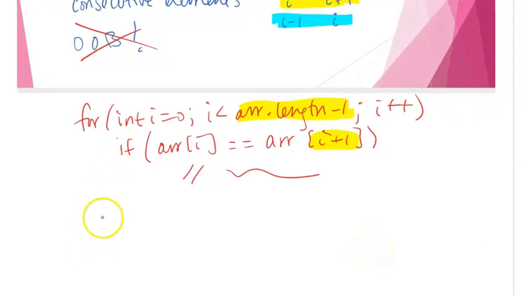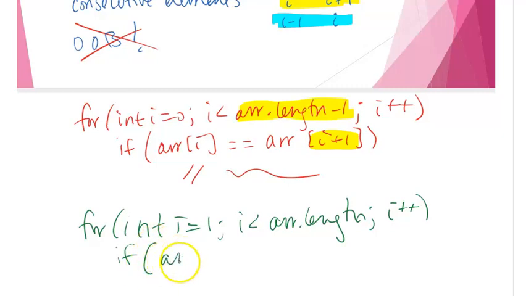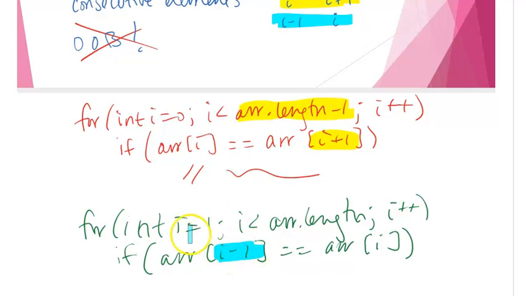So in that case, I would want to say for int i equals 1, i is less than arr.length, i plus plus, and then here I would say if arr[i - 1] equals arr[i]. So in this case, because I'm doing i minus 1, I need to make sure that my starting value is smaller. All right, well, I hope this was helpful for a review on arrays, and yeah, good luck.